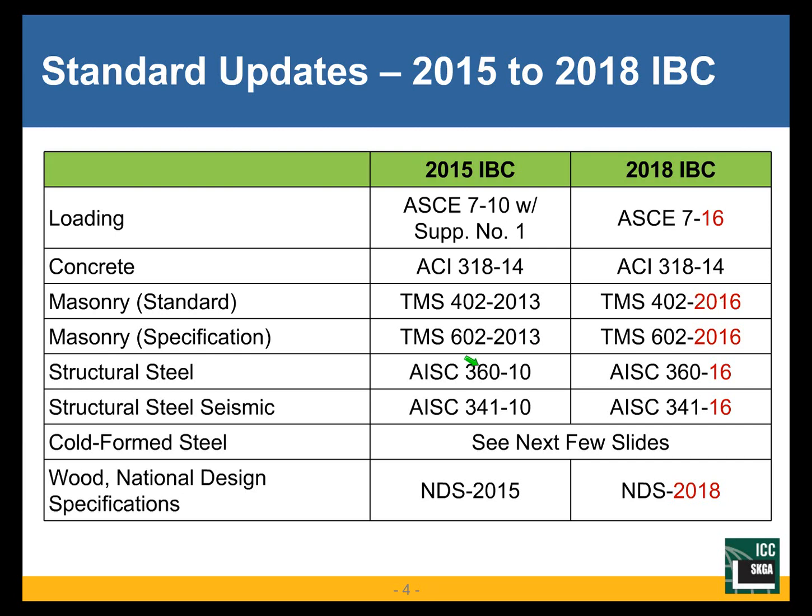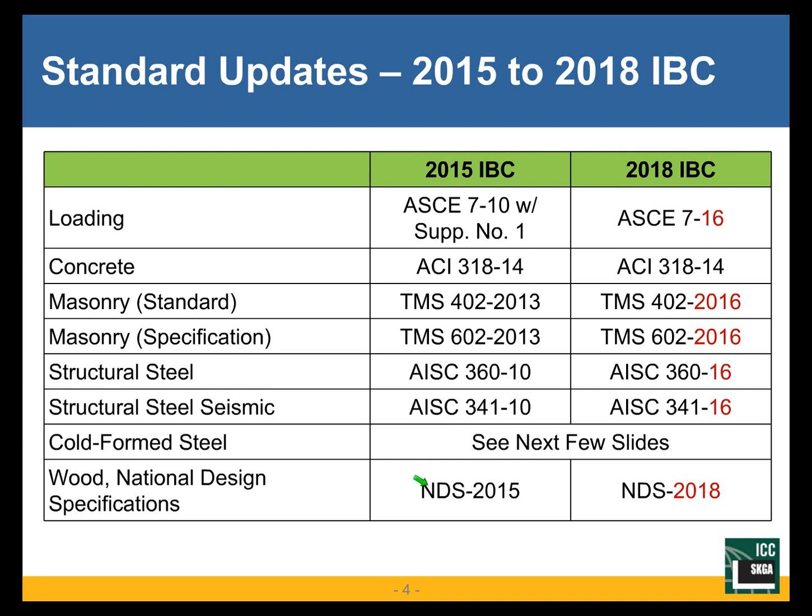The structural steel standards AISC 360 and AISC Seismic, which is AISC 341, have been updated from the 2010 to the 2016 editions. Cold-formed steel standards, there are very significant changes that we discuss on the next few slides.